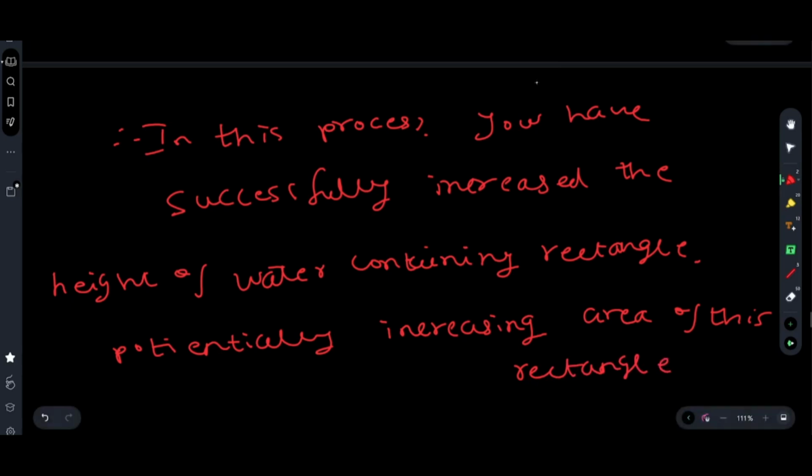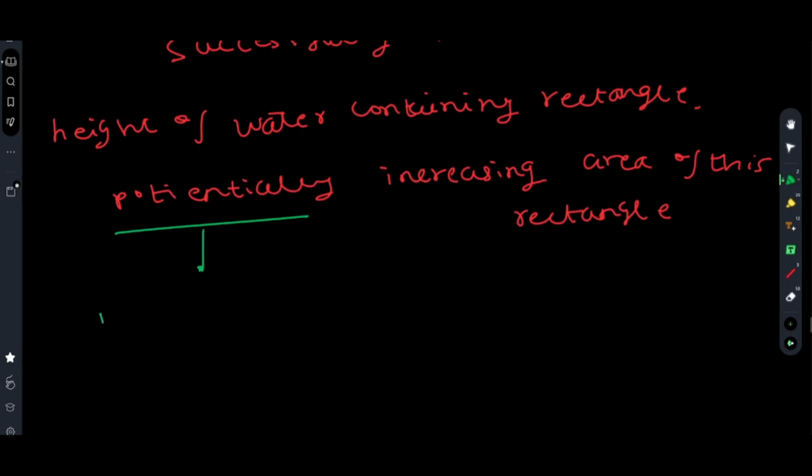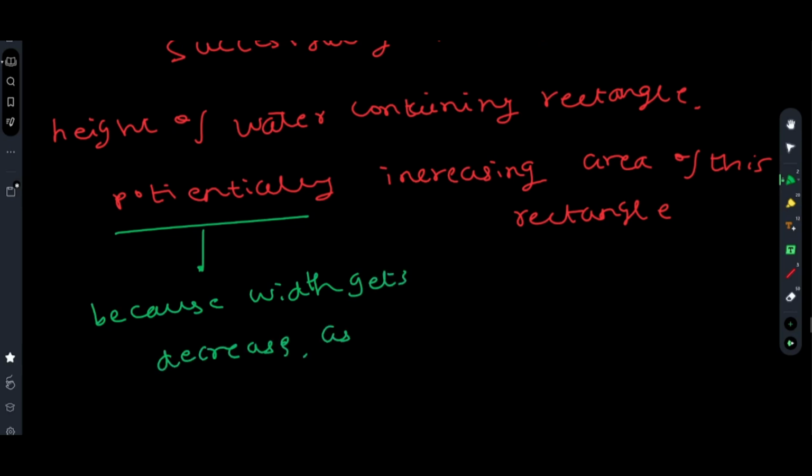Why did I say potentially? Potentially only because the width decreases as the attempt of increasing height is done.